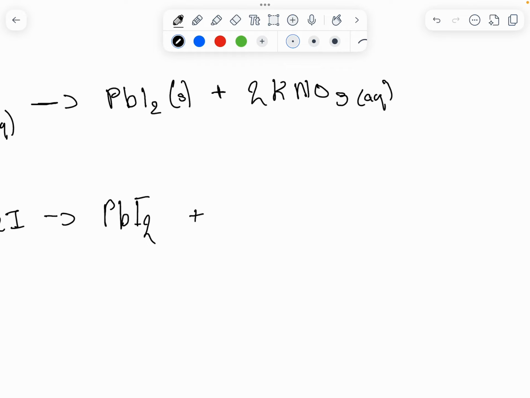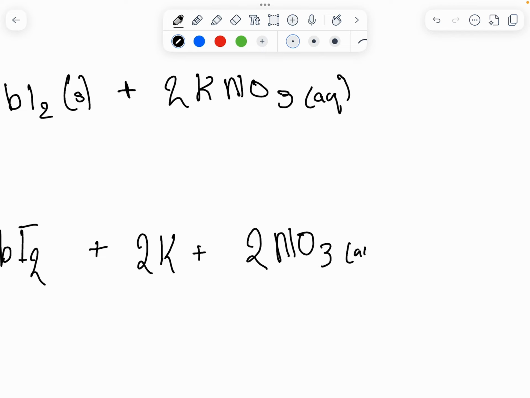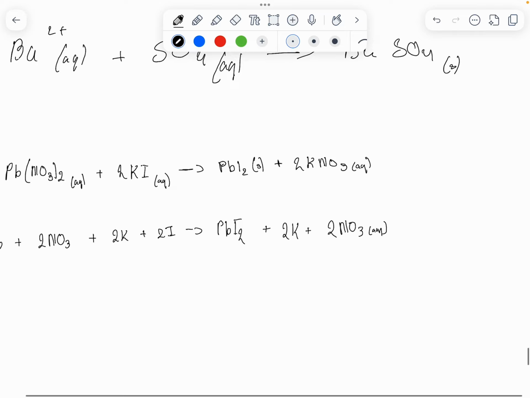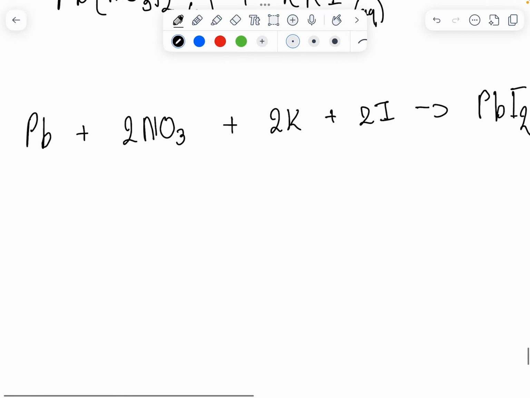Plus, now this one we can change. 2K plus 2NO3 in its aqueous form. Now I can add the charges. Lead, or Pb, where is Pb lead?